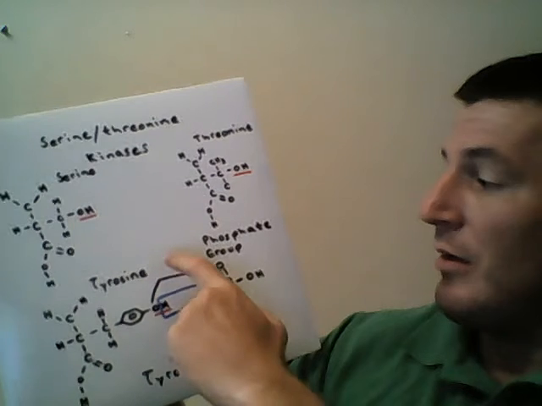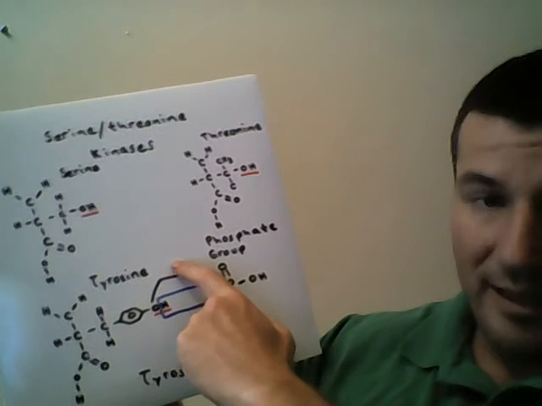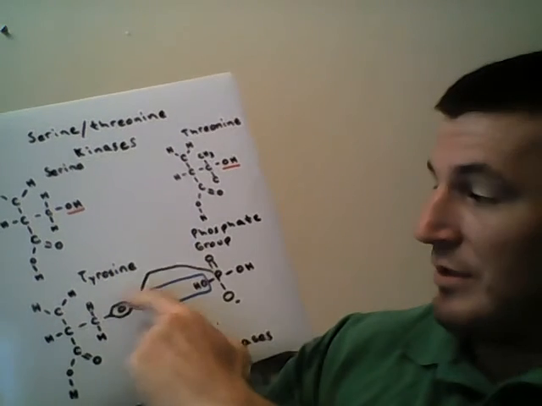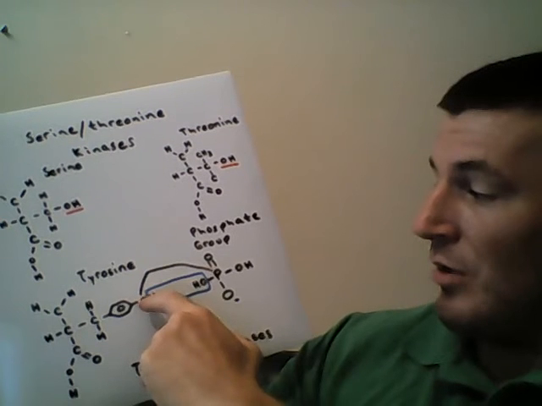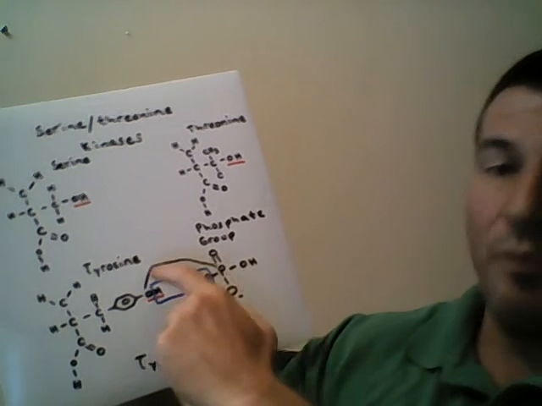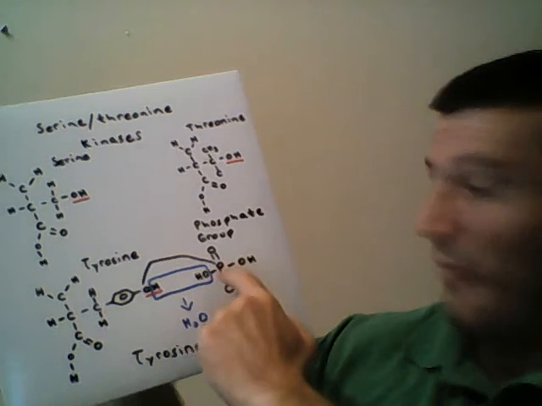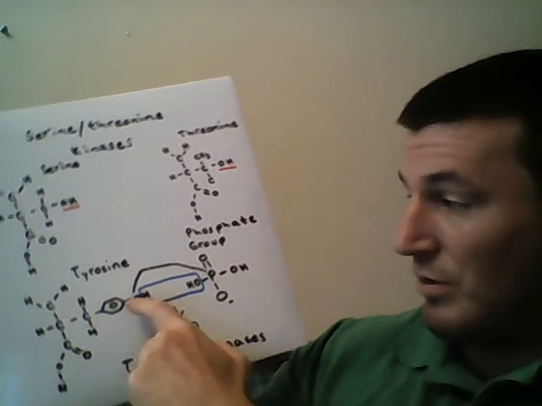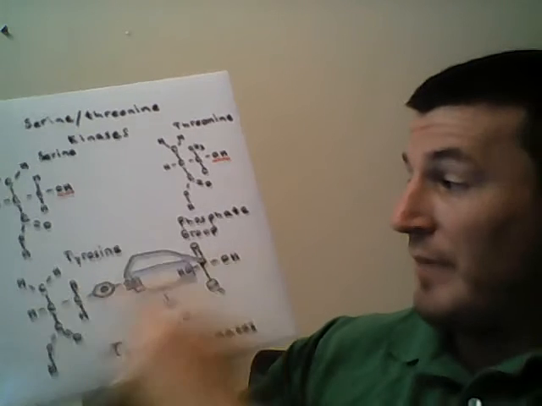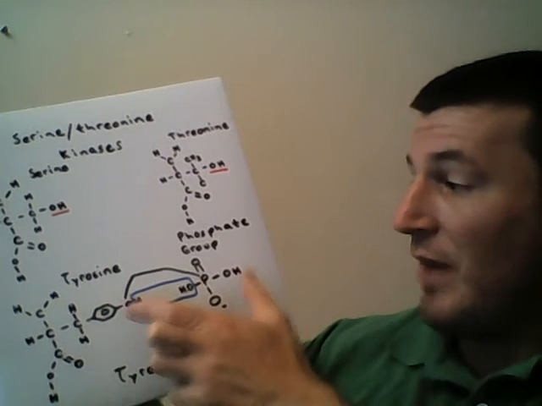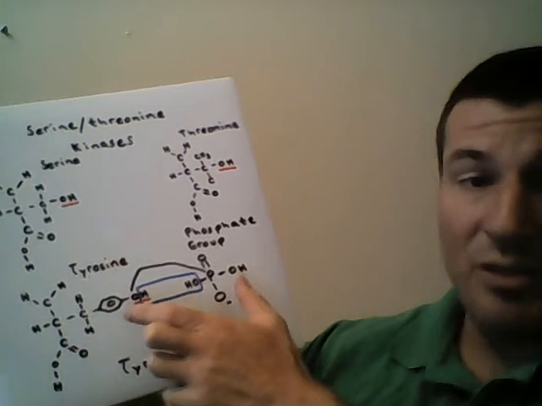This right here is what's called a phosphoester link, because now the oxygen will form a covalent bond to the phosphorus. So there's a covalent bond between the oxygen and the phosphorus now. Now the tyrosine and the phosphate are attached to one another.